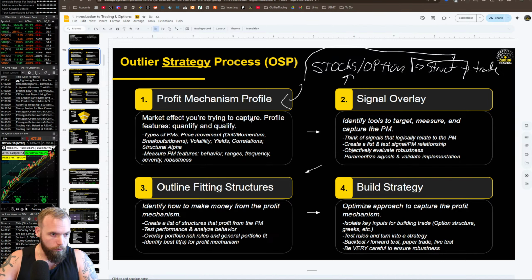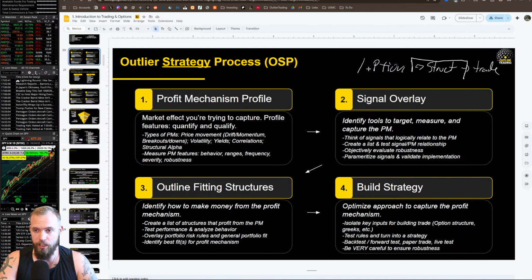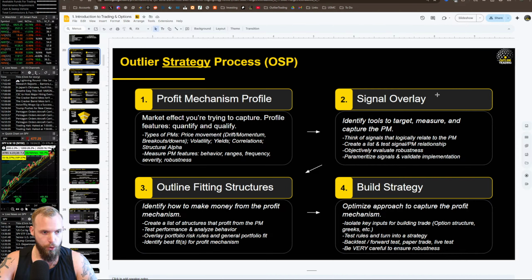Now, when we think about the topic of the video today, which is turning a market view into an actual position, it takes for granted that this step is done.